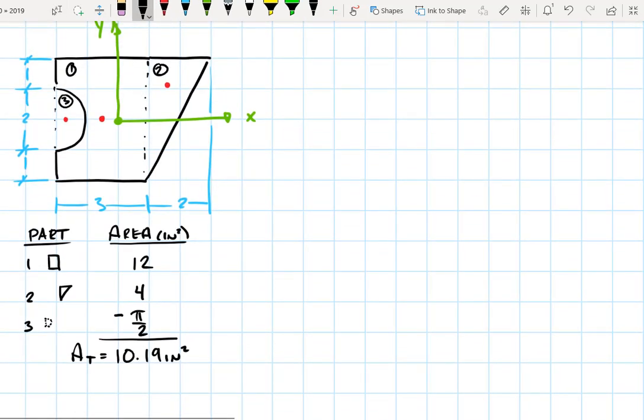Now, this one has the origin kind of in the middle of the part, which is fine. That might be on the web work or on an exam, or maybe where you want to put one. Now, there's nothing stopping you from saying, I really don't like the origin being in the middle of the part right there, I want to move it to the bottom left-hand corner.